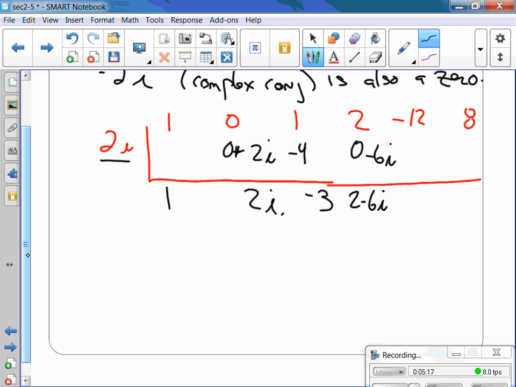And now my 2i times 2 minus 6i. 4i minus, or plus 12. Always write your complex number in standard form. So 12 plus 4i? Absolutely.